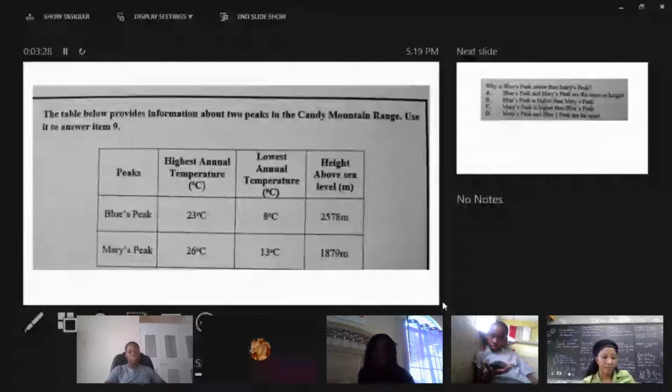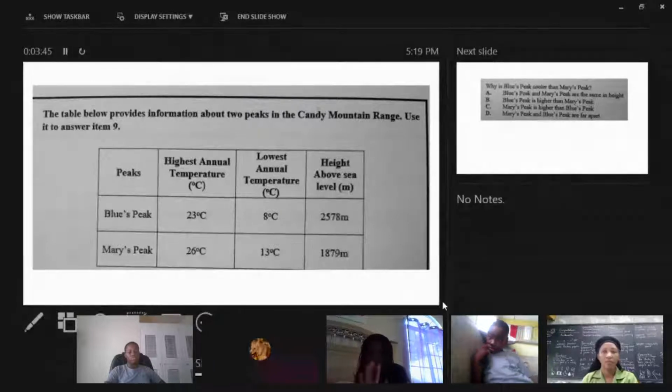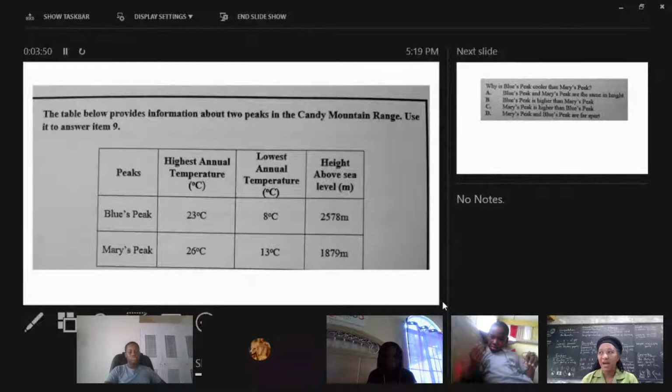Miss, because the higher you go up, the cooler it is. The air gets thinner and less moist, causing it to be cooler. And the higher you get, the temperature goes down 0.65 degrees Celsius. Right. So the higher you go up, the lower the temperature gets.